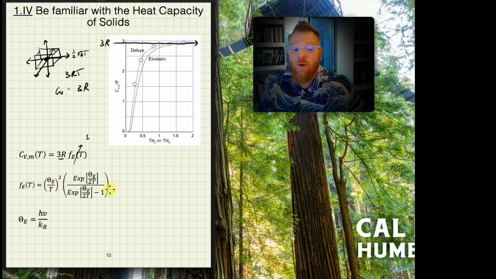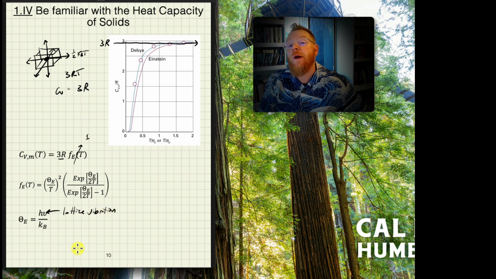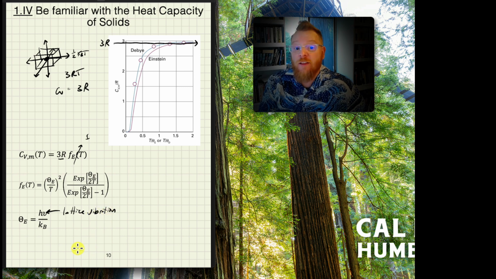So let's talk about what all these things are. Theta is h nu divided by k Boltzmann. h has its usual meaning, that's Planck's constant. k Boltzmann is the Boltzmann constant. And this new value right here, nu, is our lattice vibration frequency. That is the quantized thing that's going on in this solid, making it vibrate in those 6 unique degrees of freedom.